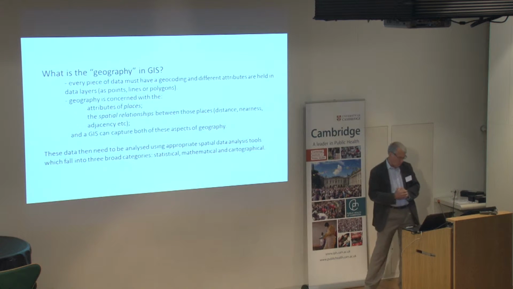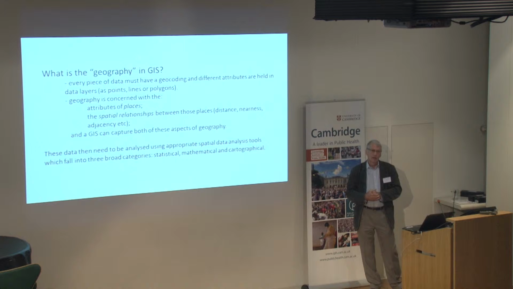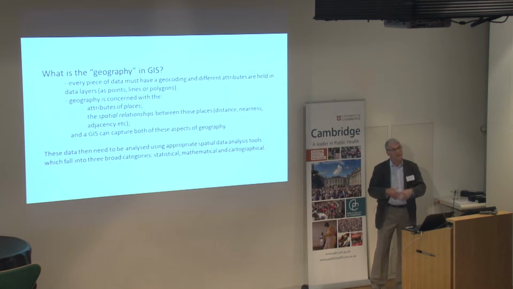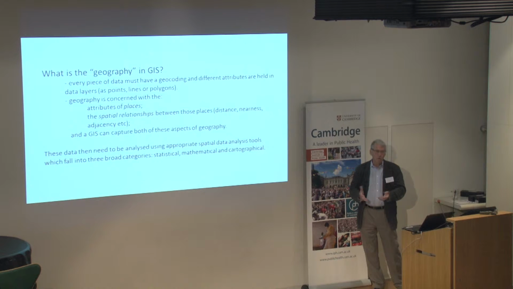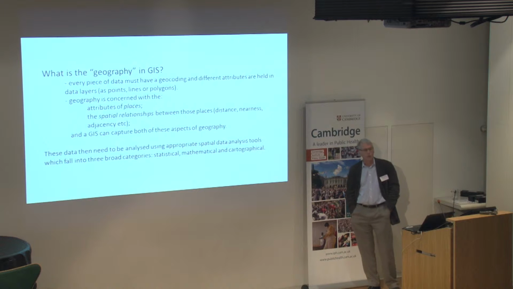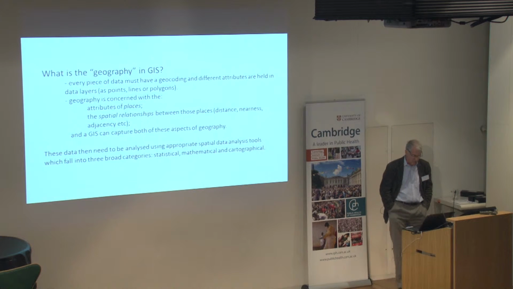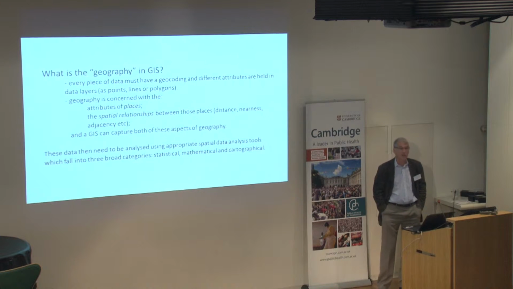Now, within a GIS, or in many cases external to a GIS, you need appropriate tools to analyze that data, and these fall broadly, and I do mean broadly, into three categories: statistical, mathematical, and cartographical.